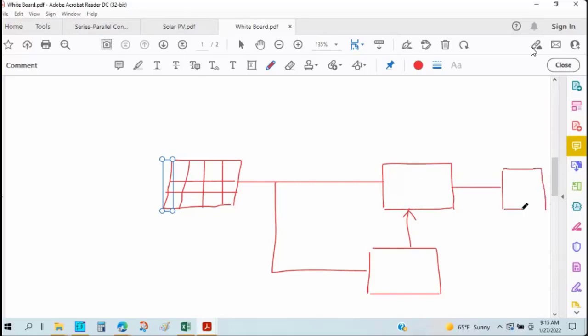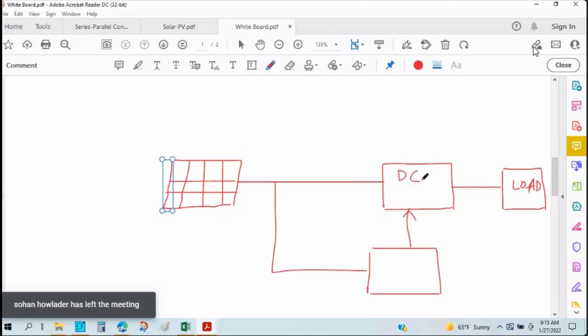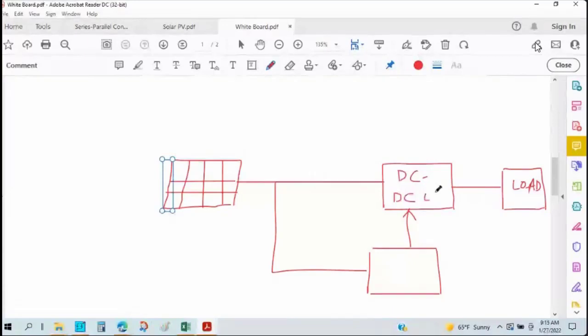That means we will not connect the solar panel directly to the load. It will be like this one. Suppose one kind of converter. Have you heard the term DC-DC converter?